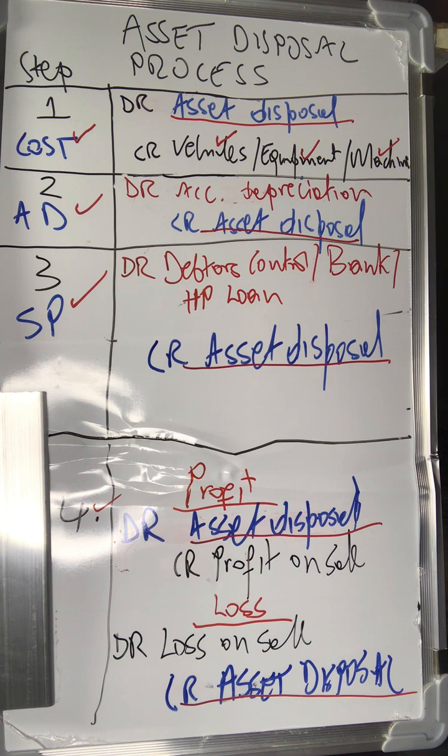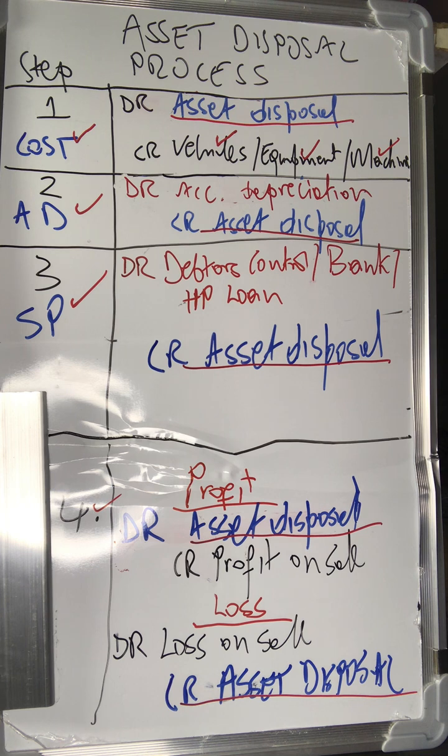So accumulated depreciation always increases on the credit side, but when you are removing it, you are going to record it on the debit side, which means the accumulated depreciation of the asset we are selling is going to be debited. And then our contra account, as usual, is going to be asset disposal.